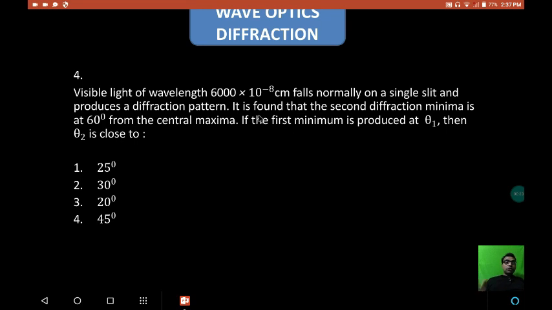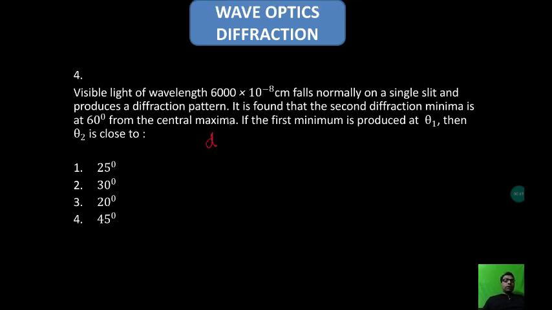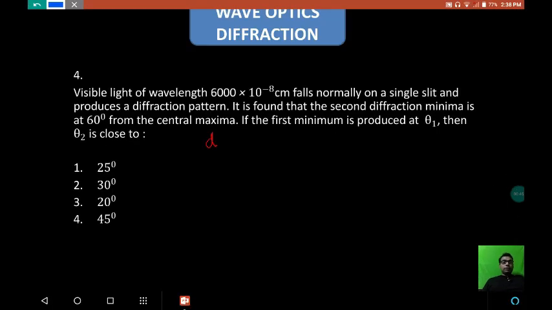But before that, this question is from diffraction. We simply know for the minimum condition what formula we are using. Yes, that is d sine theta equals n lambda. This is the equation that we use for the minimum condition.